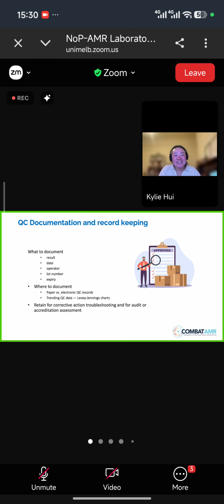However, because Excel is highly modifiable, it's not the best way to do it, but if you didn't want a paper record, having an Excel is quite useful for filtering. We can retain it for corrective actions and troubleshooting, and for audit and accreditation as well. And lastly, having some trending data, using something like a Levey-Jennings chart, could be useful.